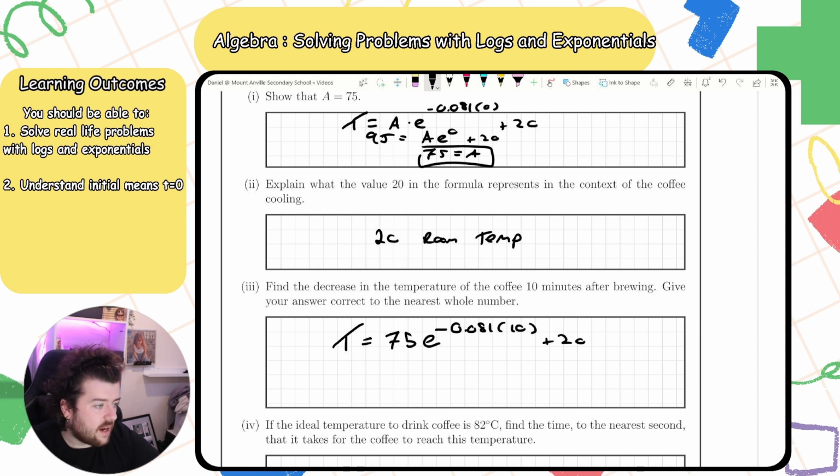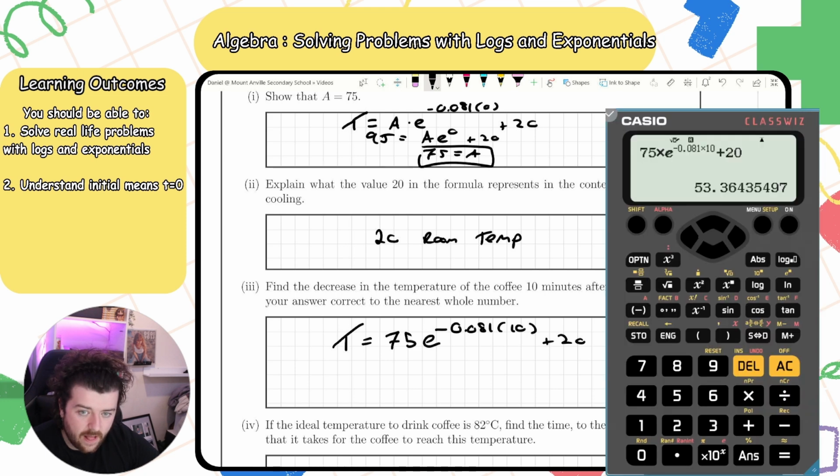Let's put that in your calculator: 75 times e to the power of minus 0.081 times 10, and plus 20, and round your answer to the nearest whole number.